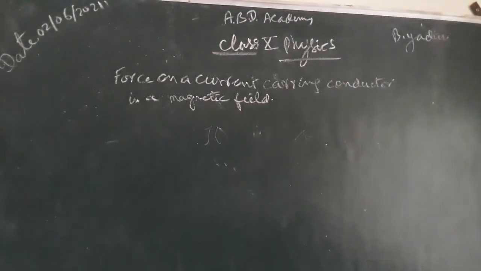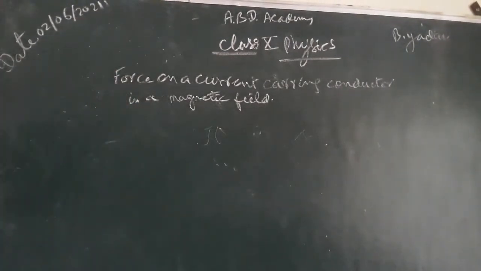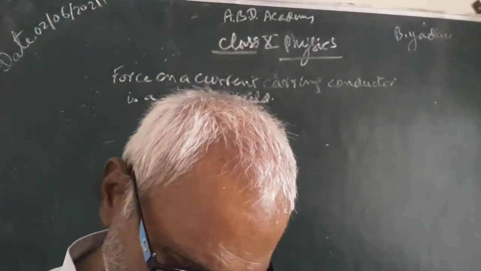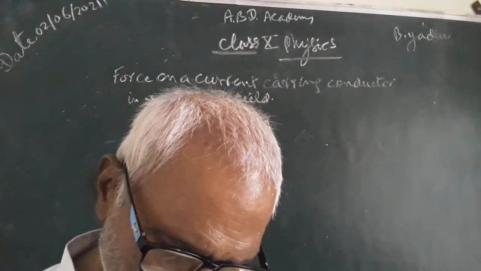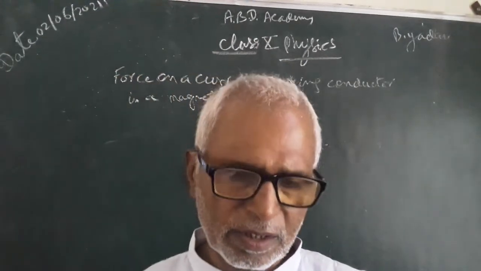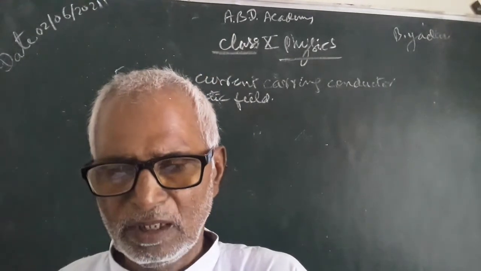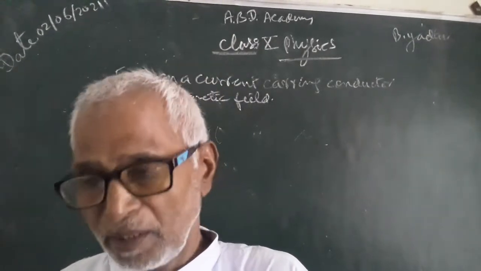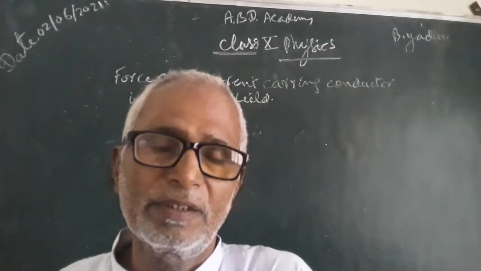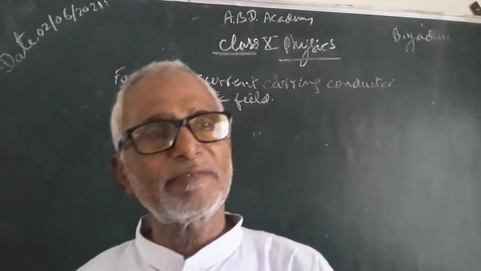Class 10th: force on a current carrying conductor in a magnetic field. Here, students, whenever a conductor which carries a current is placed in a magnetic field, then the magnetic field is outside and the current passing through the conductor also has a magnetic effect.